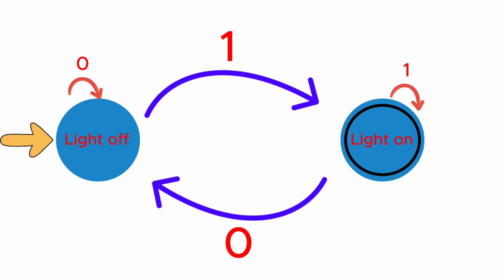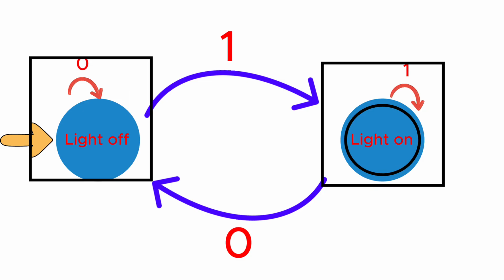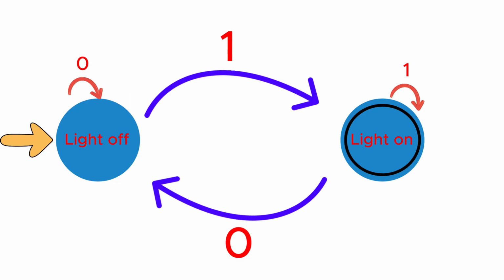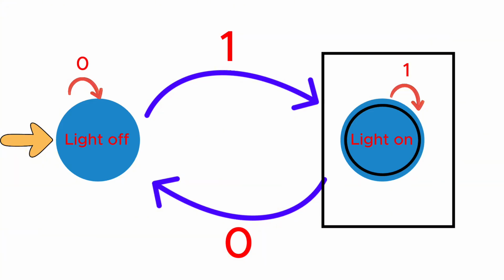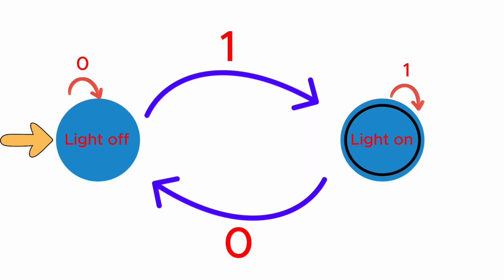You'll probably notice the loops on the states. This means that the state isn't changed if the specific input is put. For example, on the light on state, there's a loop indicating that if the input 1 is put, the state isn't changed and stays on the light on state.